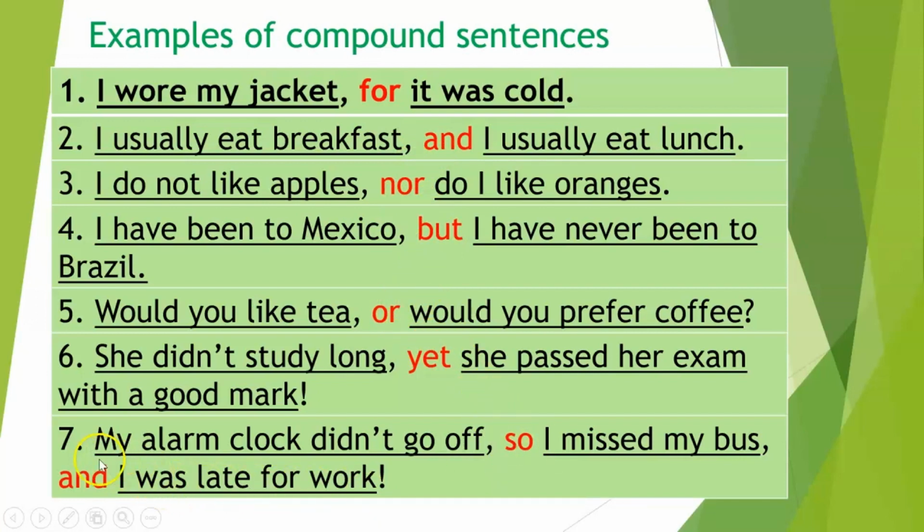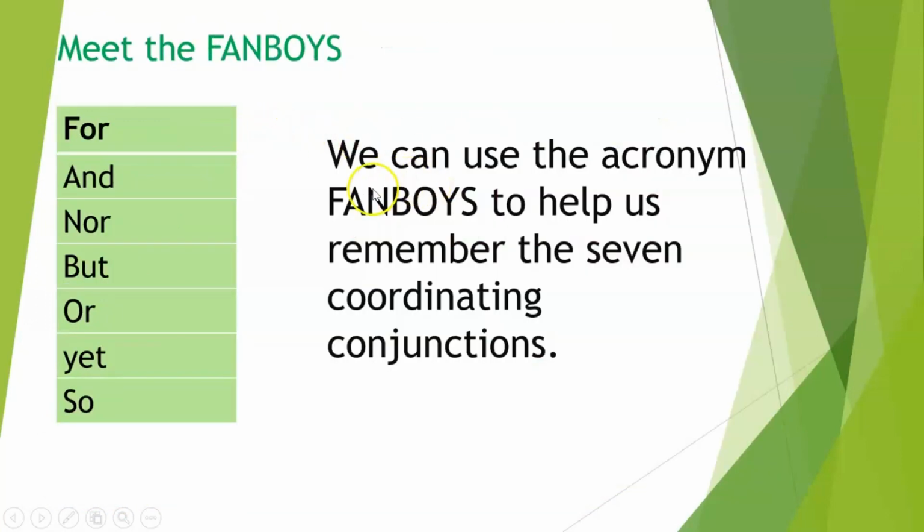And in this case, we've got and as well. So what about these words? These words are what we call fanboys. We can use the acronym fanboys to help us remember the 7 coordinating conjunctions.